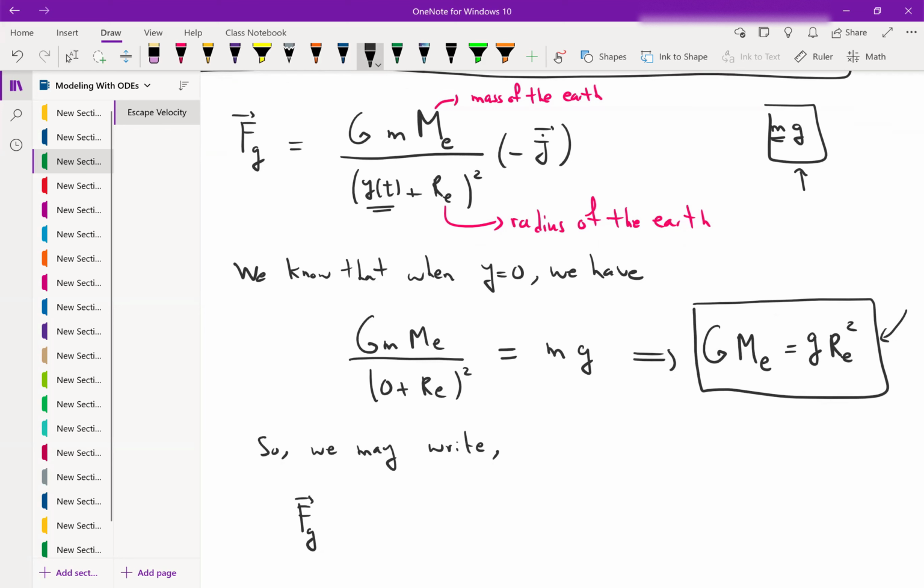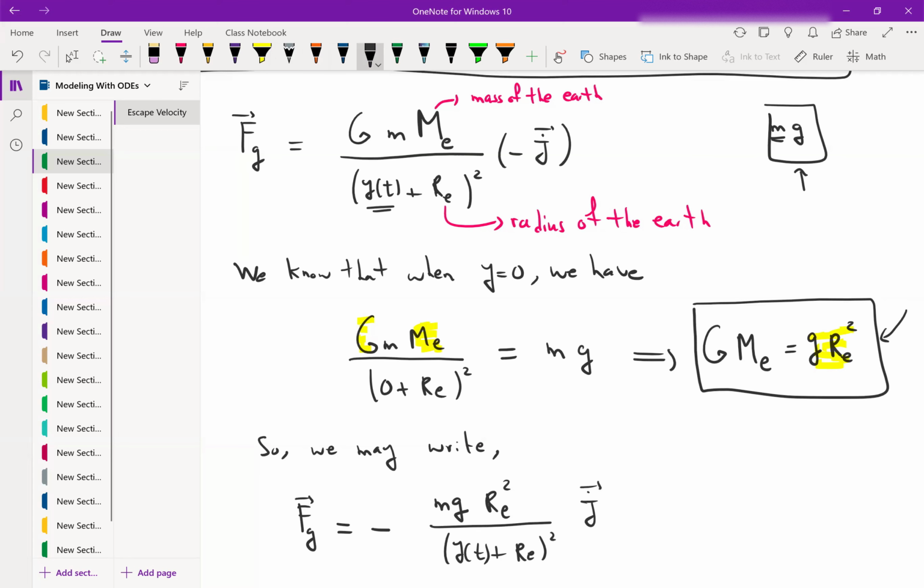F sub g, where g stands for gravity, the force due to gravity, is equal to, instead of G M_E, I'm going to replace G M_E with g R_E squared. So I'm going to write the negative, we had the negative sign, m g R_E squared divided by (y(t) plus R_E) squared j.